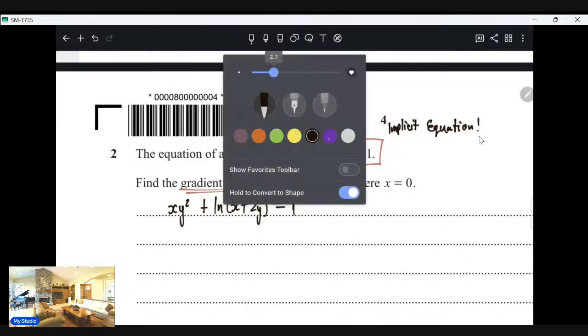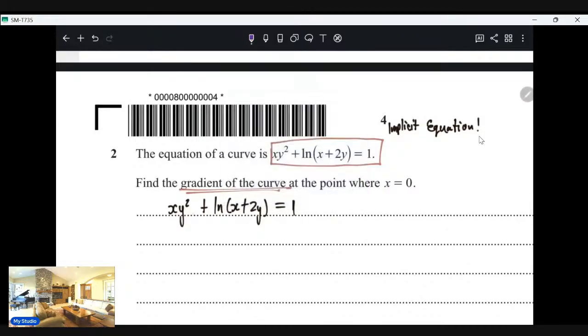What you must know is that when you are doing these types of equations, where you cannot make y the subject, when you're doing this implicit equation, x and y are treated as functions. This is where it's hard. X and Y are treated as functions.